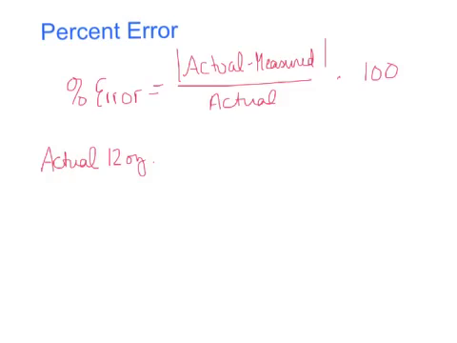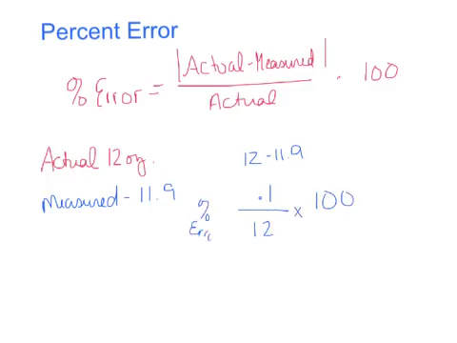Let's say 1 out of every 1,000 cans is actually measured to make sure it is 12 ounces. Let's suppose that the measured value ends up being 11.9. What I would do is do 12 minus 11.9 and get 0.1, divided by the actual of 12, times the 100.